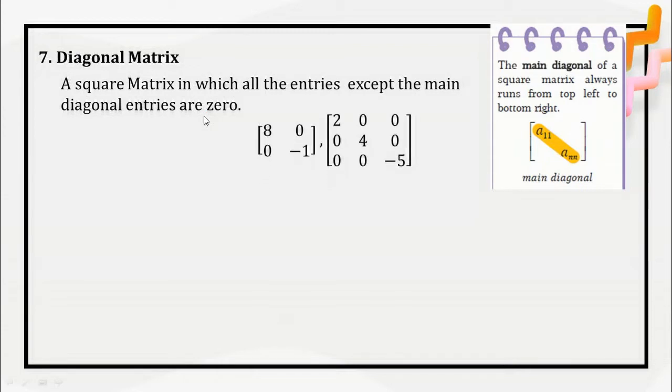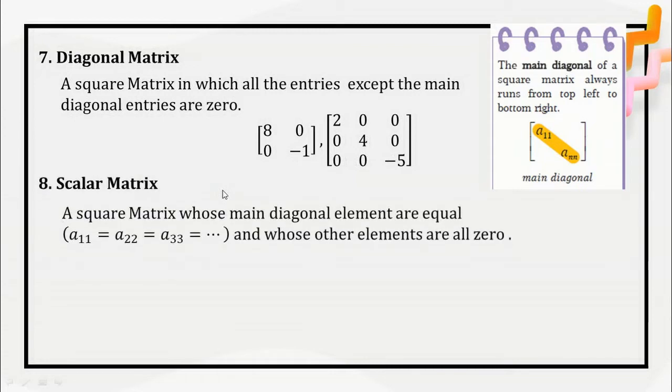So this one, a matrix in which all the entries except the main diagonal are 0. Okay, this one we can say is a diagonal matrix, but the diagonal entries are not 0.